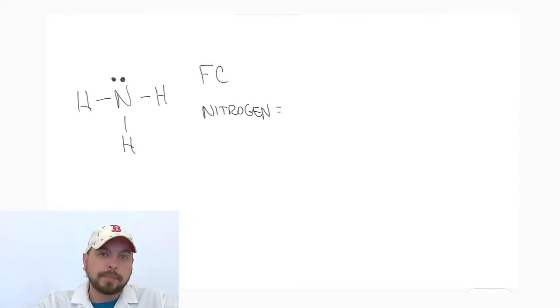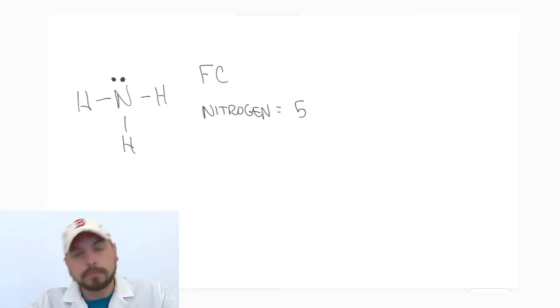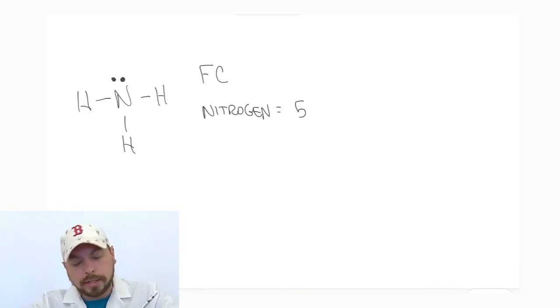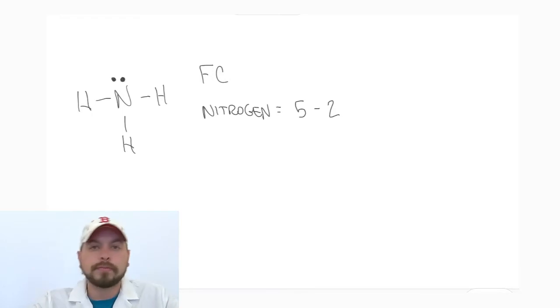Now, nitrogen on the periodic table has 5 valence electrons. In this case, the nitrogen has 2 valence electrons found in lone pairs. It only has 1 lone pair, which has 2 valence electrons, which means I'm going to subtract 2, because each electron in a lone pair counts by itself as an owned electron. And then the nitrogen has 3 covalent bonds, single covalent bonds.